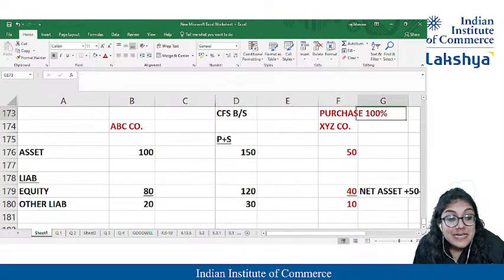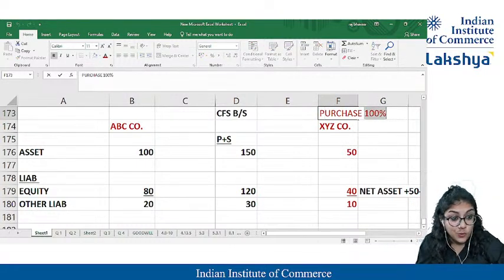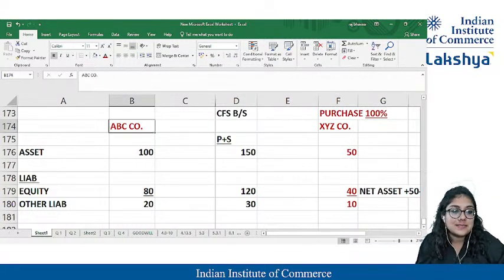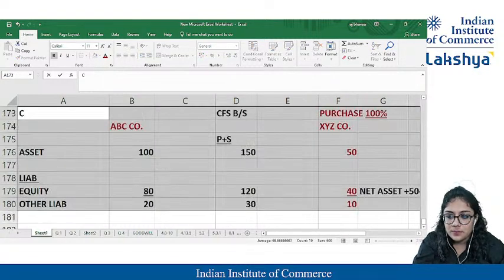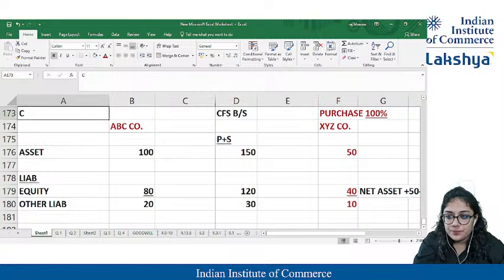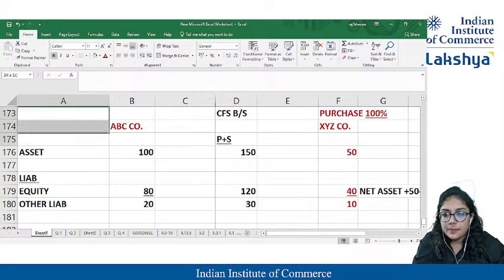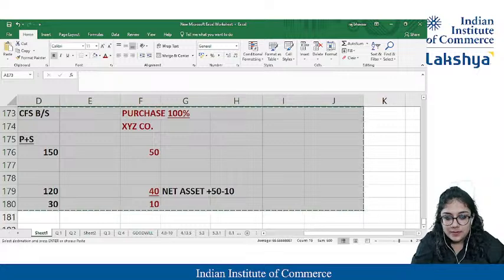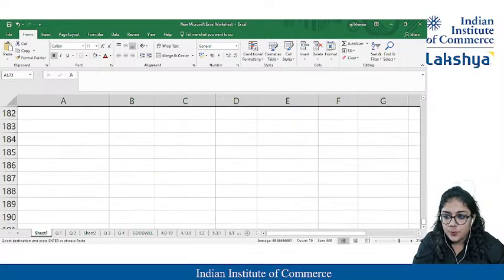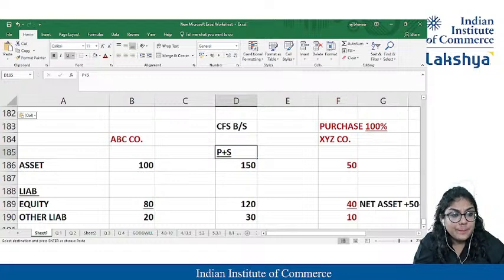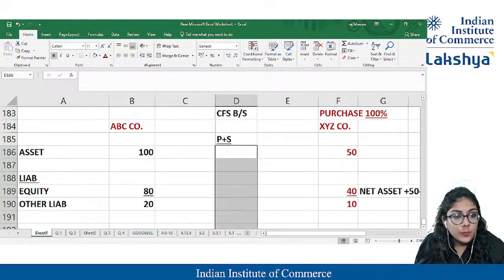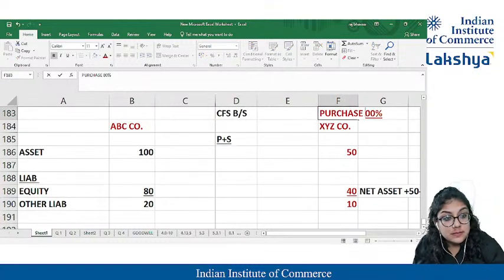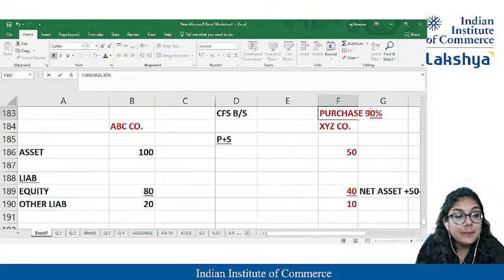When you are purchasing a 100% subsidiary, when 100% is in your hand, only then it is this simple. Let's take this example as it is, but change one thing. Suppose you are purchasing not 100%, but only 90%.